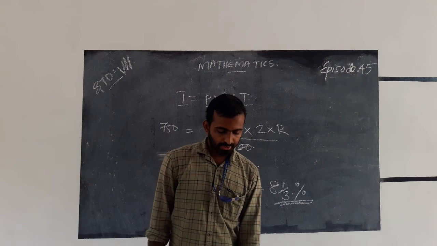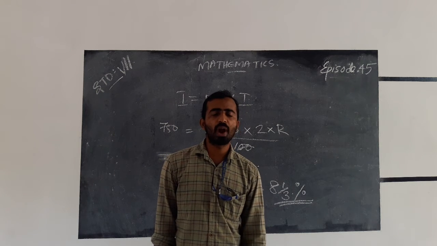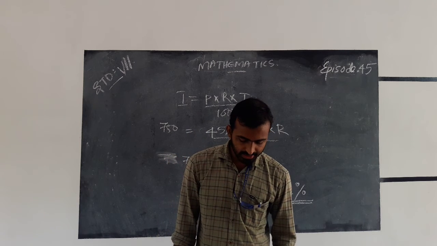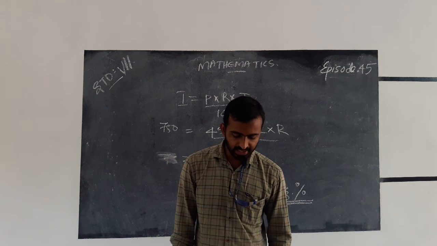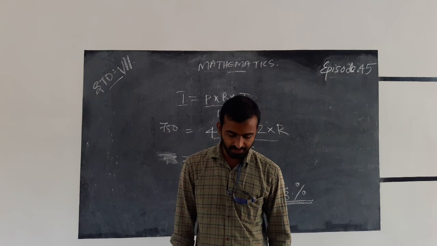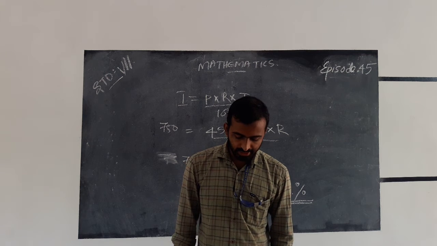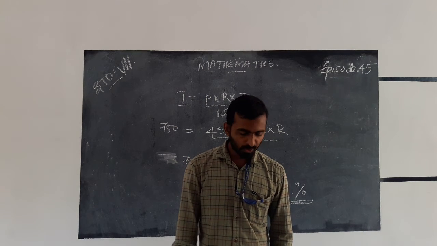And the try is on your page number 170. First, 10,000 is invested at a 5% interest rate per year. Find the interest at the end of 1 year.